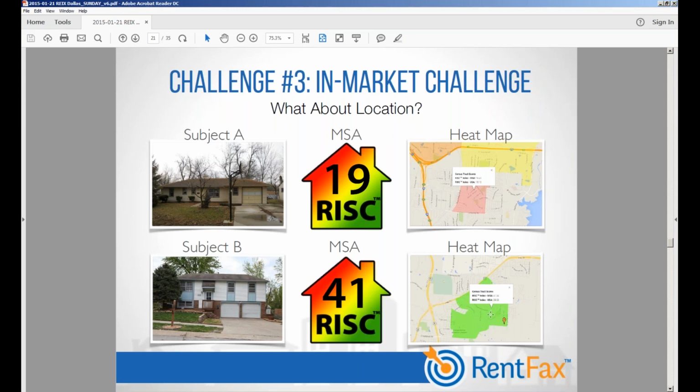Does your opinion as an investor change, knowing that subject A exhibits high risk attributes for the long-term successful operation and realization of that income stream, versus subject B that has a 41 that shows a much higher stability in the likelihood of you achieving what you think?